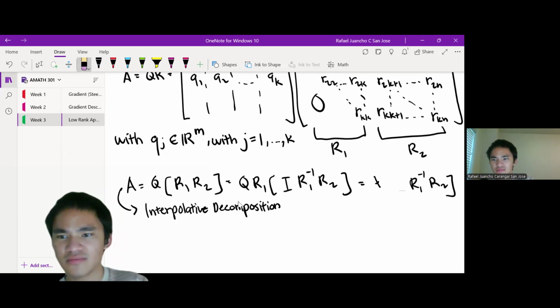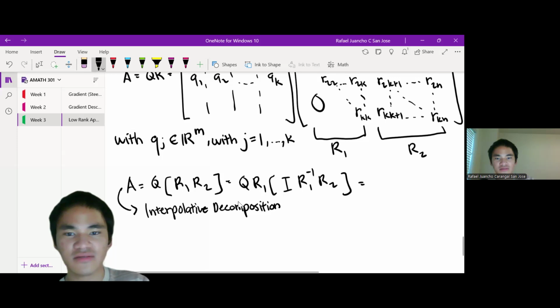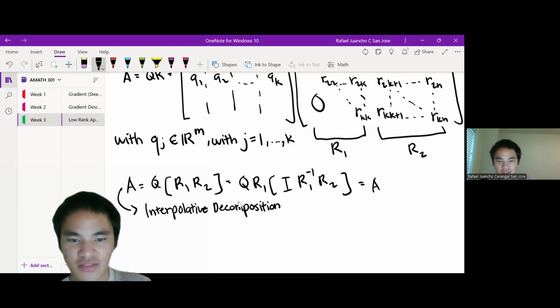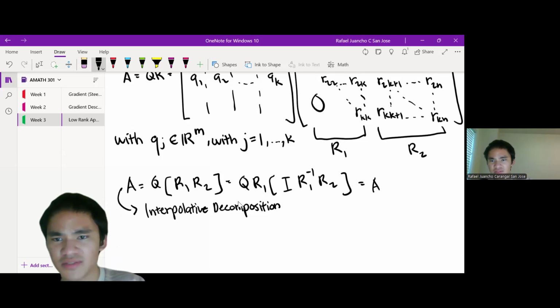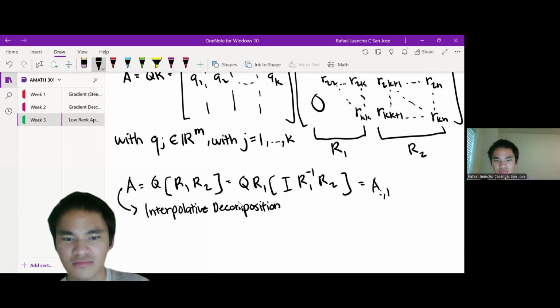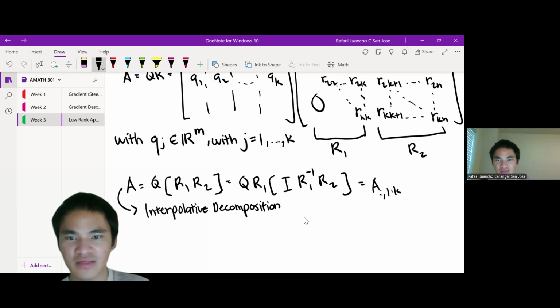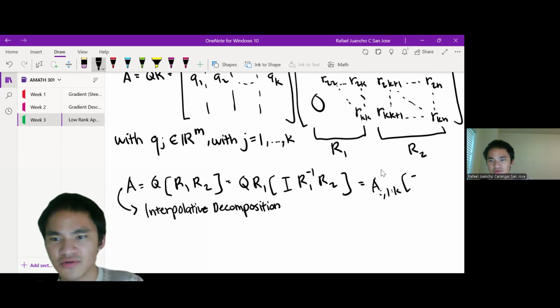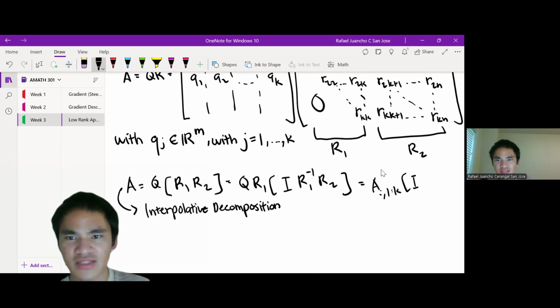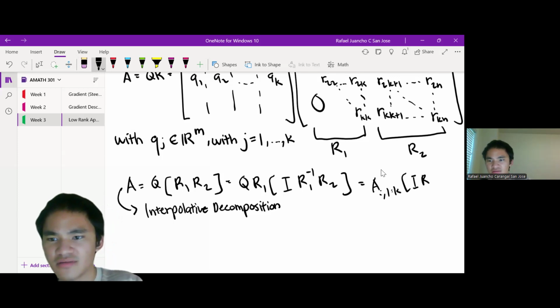Let me rewrite it. Yeah, it's a weird notation. But the idea is basically we're storing A as a function of something.